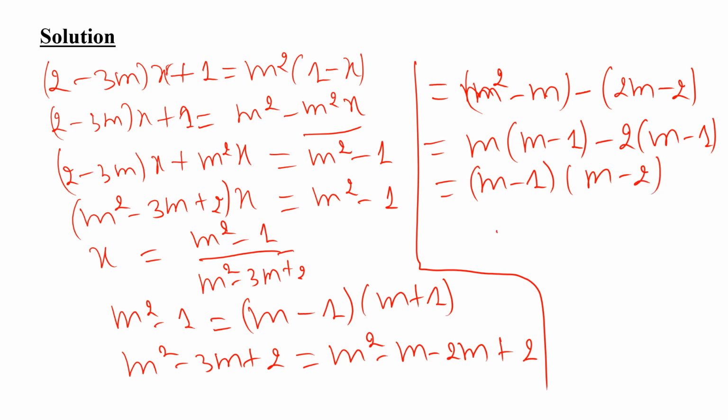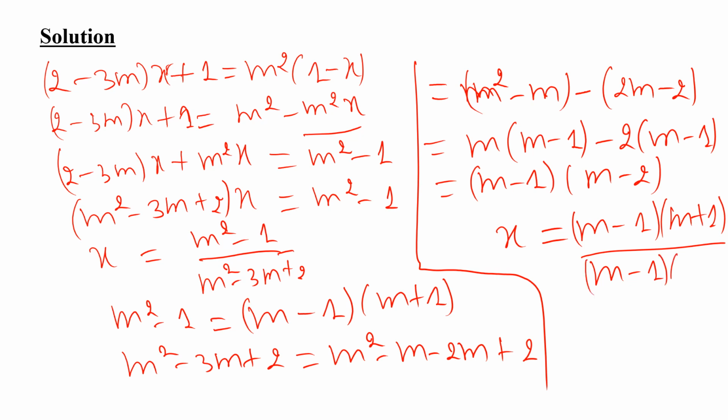Therefore, our x now is equal to (m minus 1)(m plus 1) over (m minus 1)(m minus 2). Now simplify, then we get x equal to m plus 1 over m minus 2.